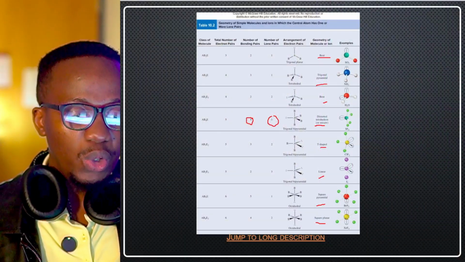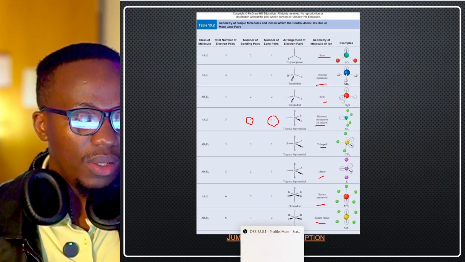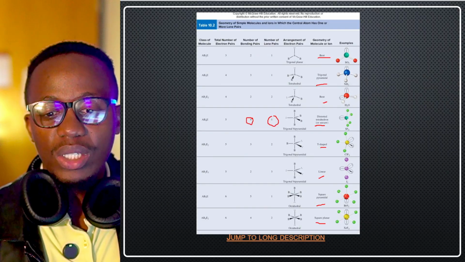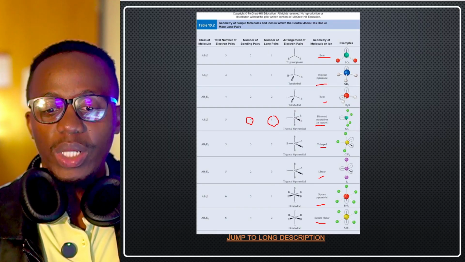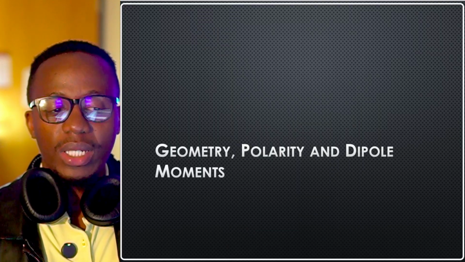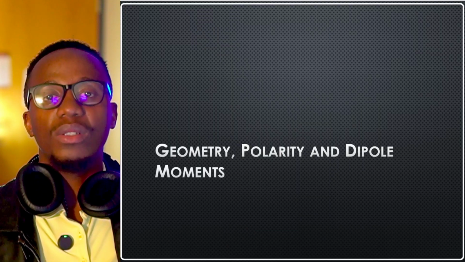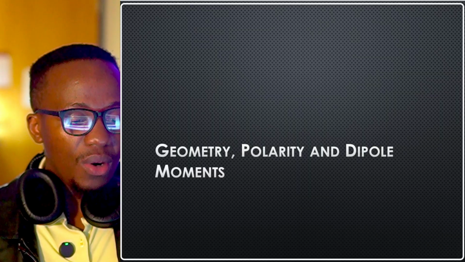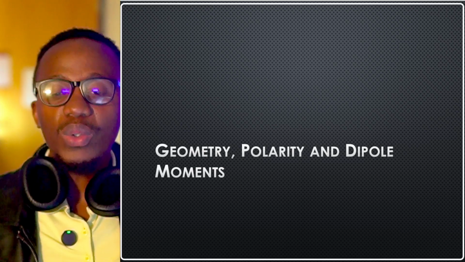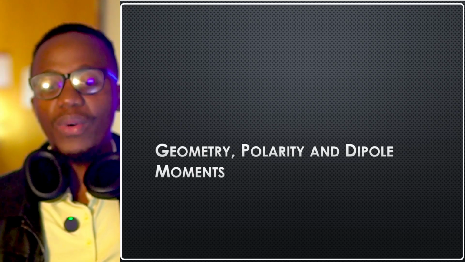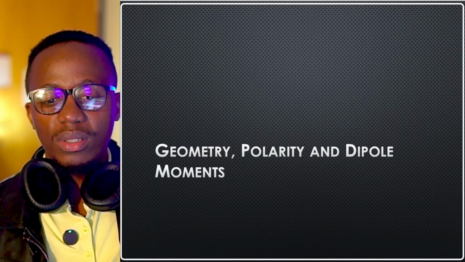Very, very crucial. Now that we know how to do the geometry though, let's go to the next thing, which is polarity and dipole moments. So after you know how to predict geometry, then you use it to find whether or not something is polar, right?